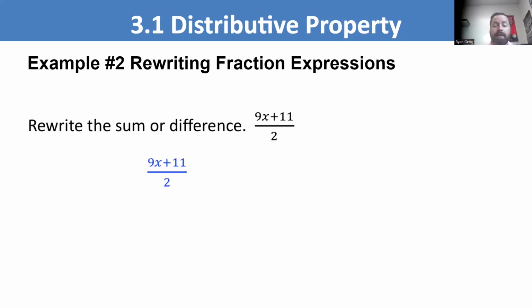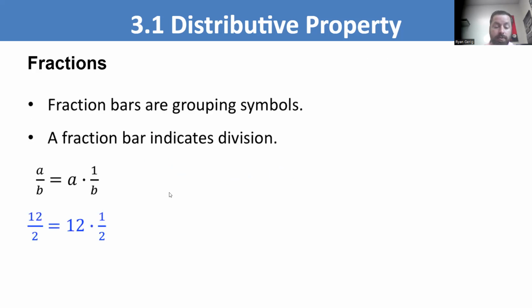All right, so we're going to rewrite this using the distributive property. So 9x plus 11 over 2, I could rewrite that as 1/2 times 9x plus 11. So I'm taking the numerator and setting it off to the side and making the remaining part 1/2.